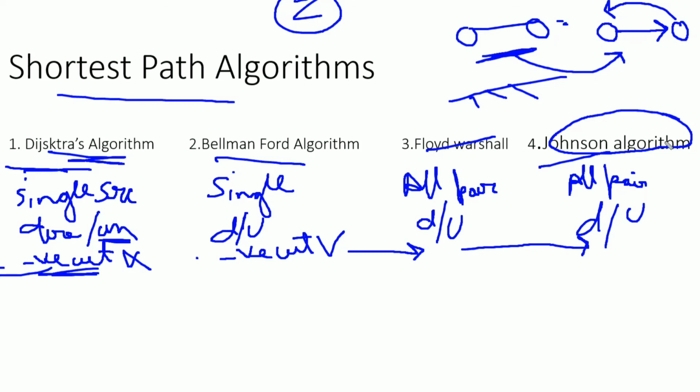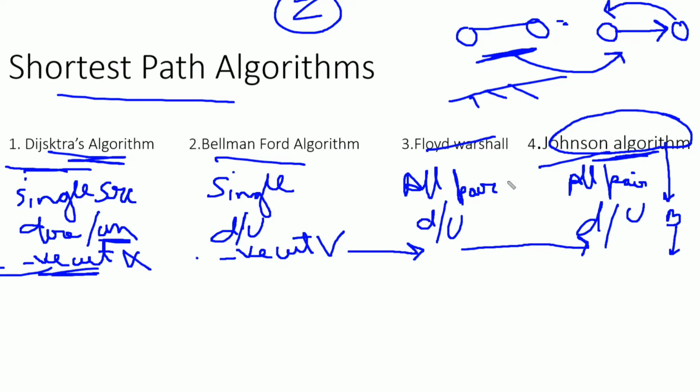Like I've already explained, in Johnson algorithm we use Bellman-Ford algorithm to convert all the edges to positive weight edges, and after that on each vertex we apply the Dijkstra algorithm in order to find all pair shortest path. So we can't say that Johnson algorithm doesn't work for negative weight edges, but what we have to do is convert the negative weight edges to positive weight edges.